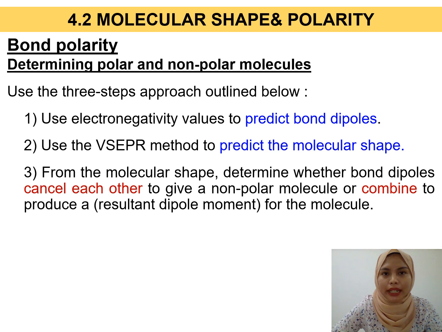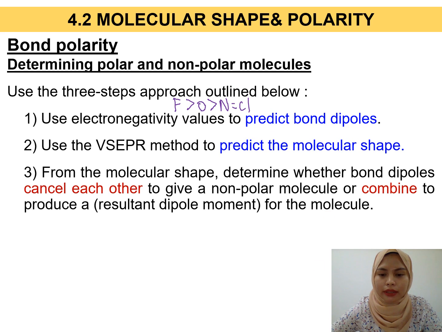So antara 4 atoms yang paling electronegative adalah fluorine diikuti oleh oksigen, nitrogen dan juga chlorine. Selain daripada itu, just so you know that the electronegativity of the atoms yang selain daripada 4 atoms yang Miss sebut ni, dia rendah. Okay, sebab from there you boleh tahu the bond dipoles.